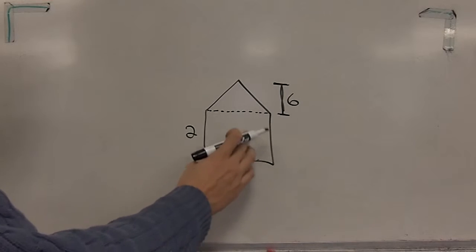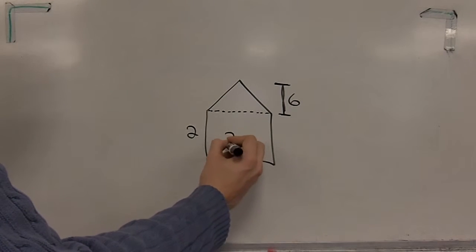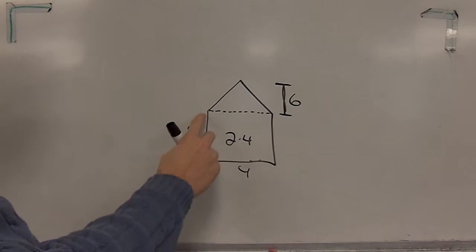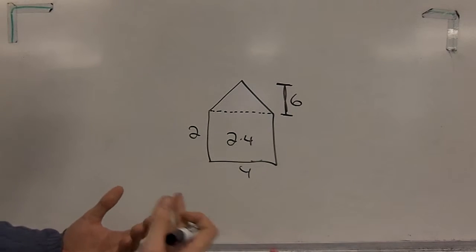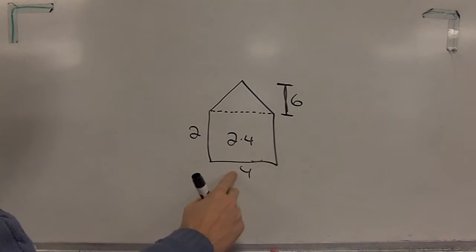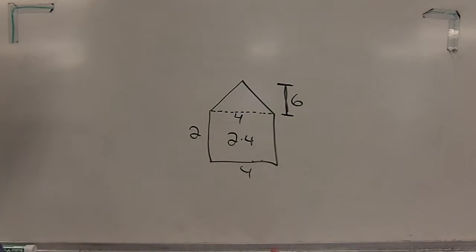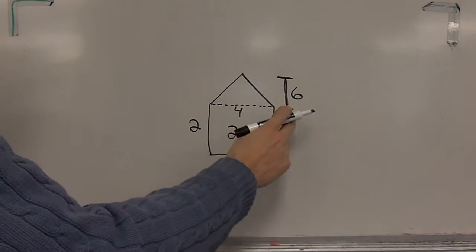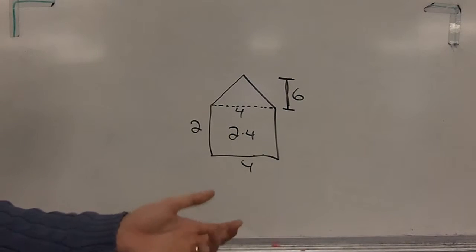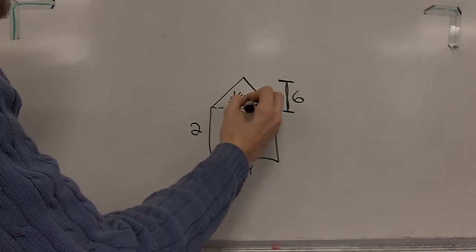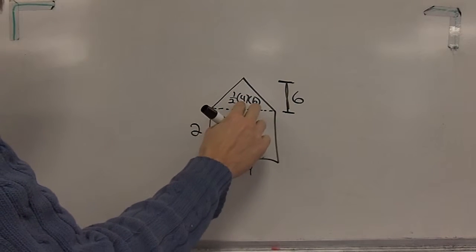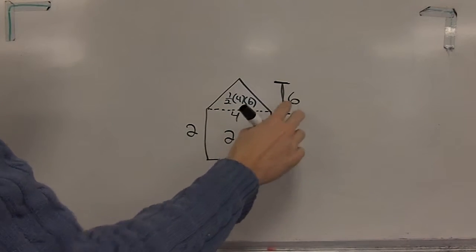Well, you know the area of the square is going to be 2 times 4, base times height. You know that opposite sides are equal, so you know the base of your triangle is equal to this, which is 4. And this represents the height of your triangle. So now you can find the area of the triangle. You just do 1/2 times the base times the height, 1/2 times 4 times 6.